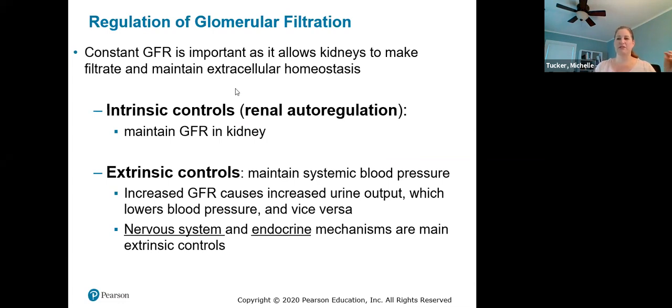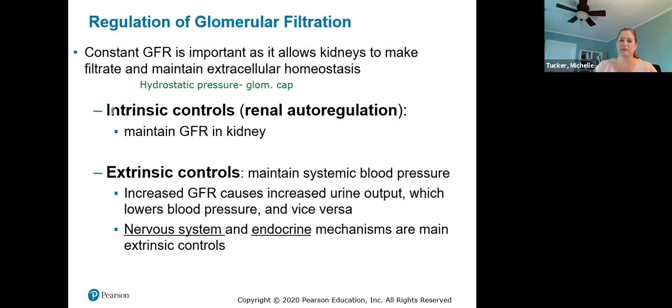The main thing, and it's really important, is that what we're trying to change is the hydrostatic pressure at the glomerular capillaries. This is what we need to change in order to change GFR, because it changes net filtration pressure.